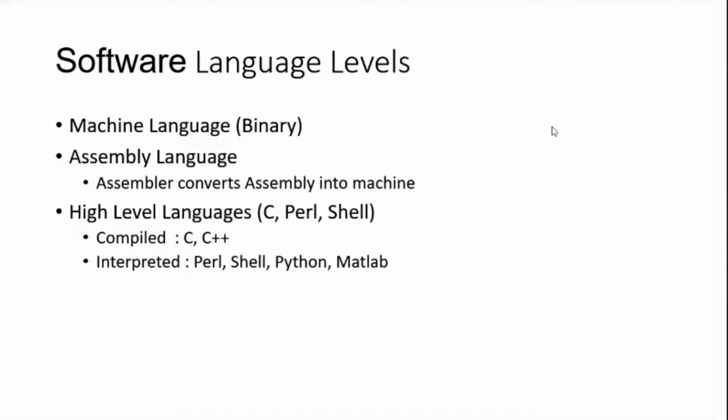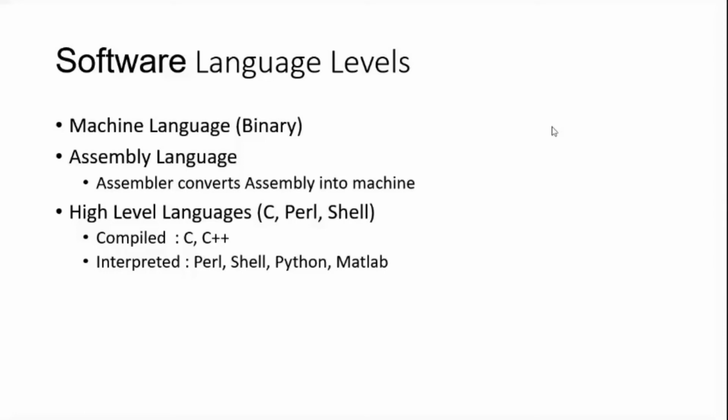That is, assembly language is a bit higher level than the machine language. Actually, it has some machine language components, but mostly it is more readable to human beings. The problem with machine language is that it consists of only zeros and ones.